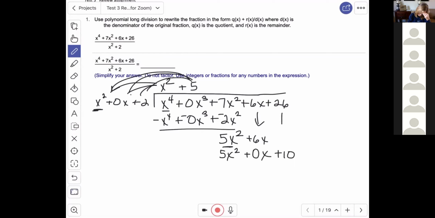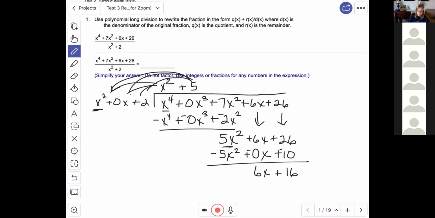So remember, because we have that extra, let's go ahead and bring that 26 down so they match up. So we can bring them both down. One more step, we're subtracting out. So change every sign. So change, change, change, and add. We get 0. 6 plus 0 is 6x. And 26 minus 10 is what, 16.